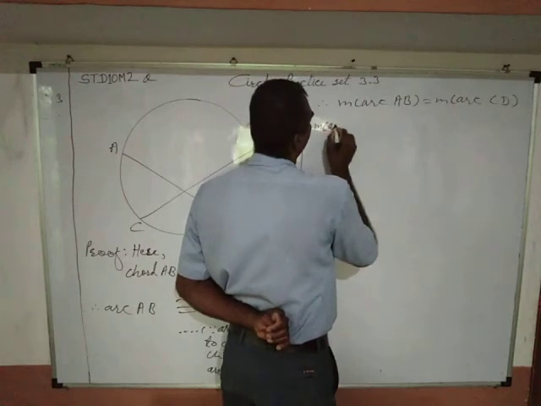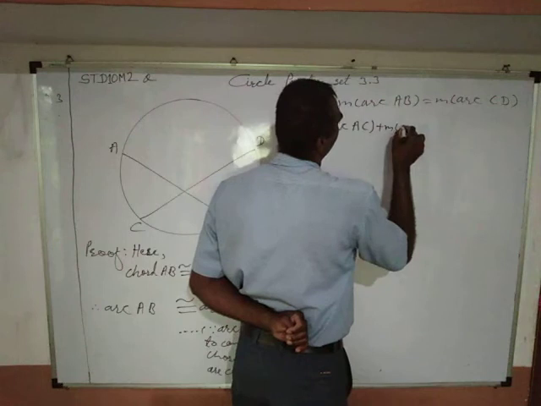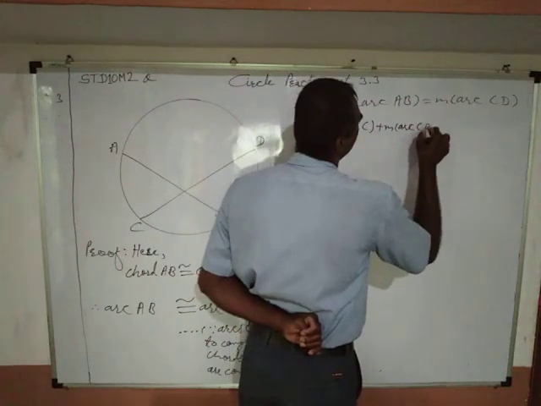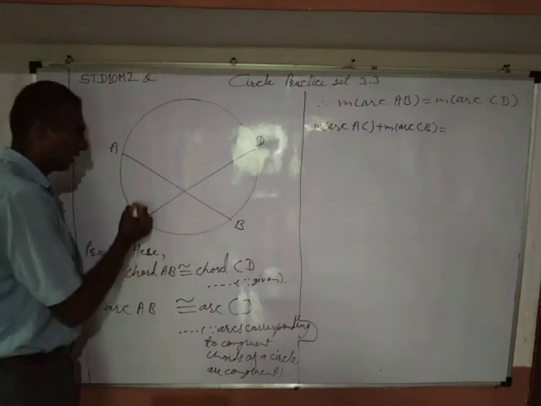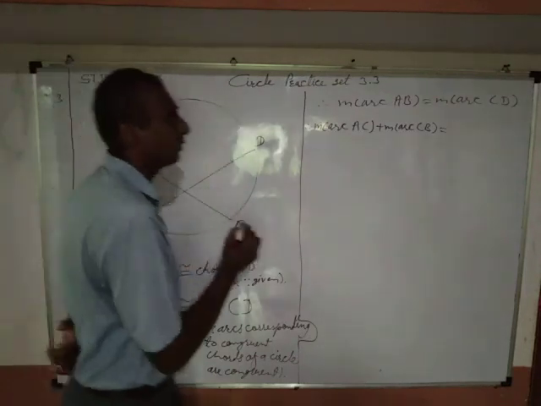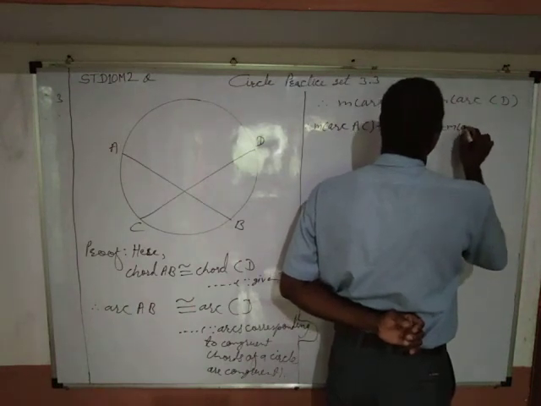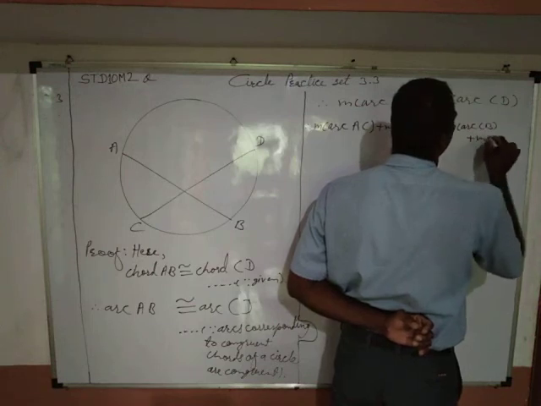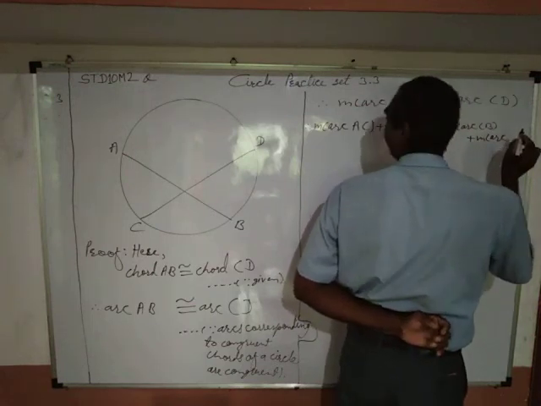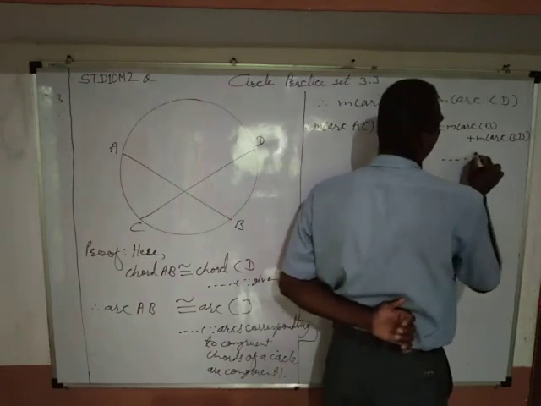Therefore, measure of arc AC plus measure of arc CB equals measure of arc CB plus measure of arc BD.